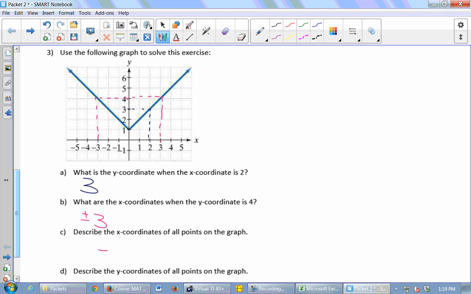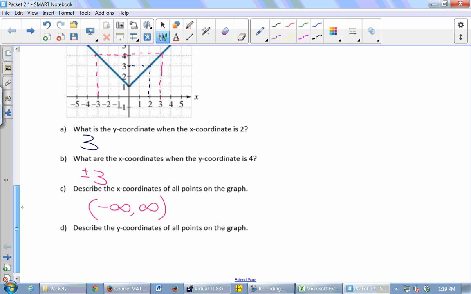So it's -infinity to infinity, open parentheses because you always put open parentheses on infinities. That just means, we talked about last class, all the x values, right? From -infinity up to infinity, every value in between is the x coordinate of some point on that graph.